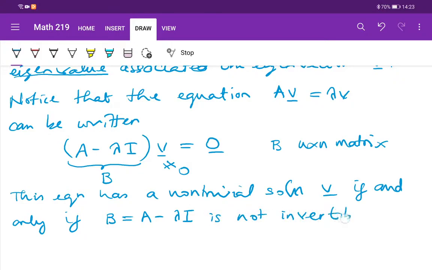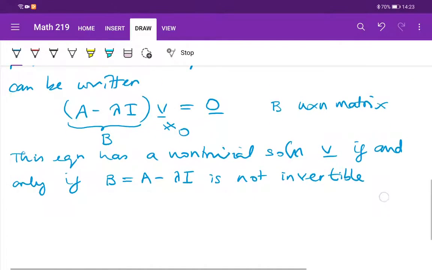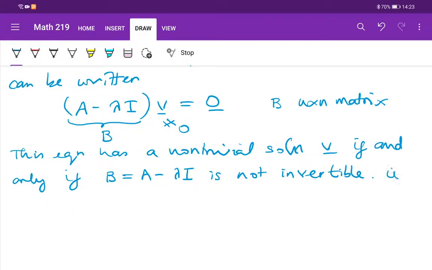And we know that invertibility is determined by the determinant, so if and only if the determinant of B is equal to 0.